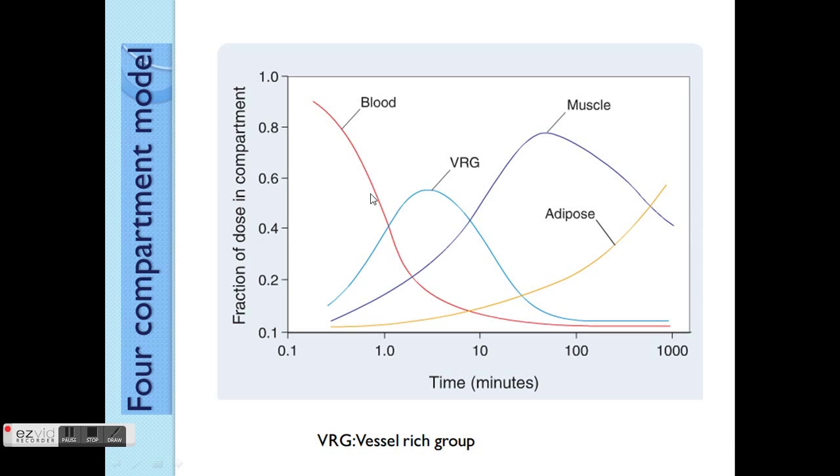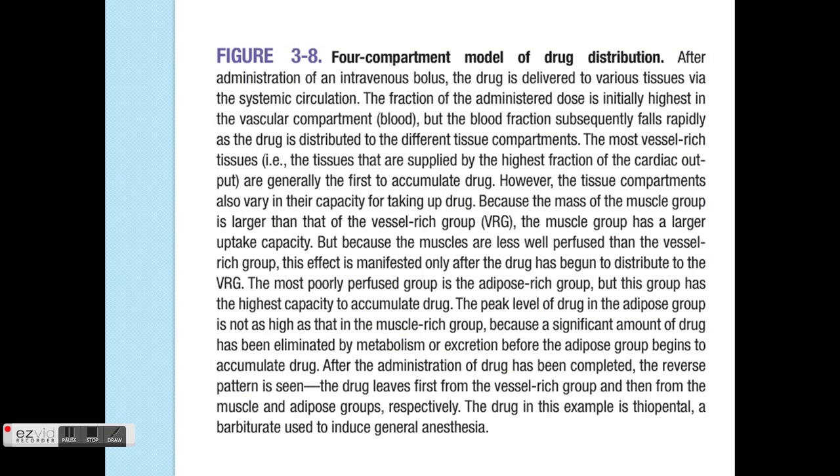When there are more blood vessels, more drug can be transferred to, for example, the vessel rich group first, followed by muscles, and the last one would be the fat cells, where there's the least amount of blood vessels. These are the explanation texts for it.